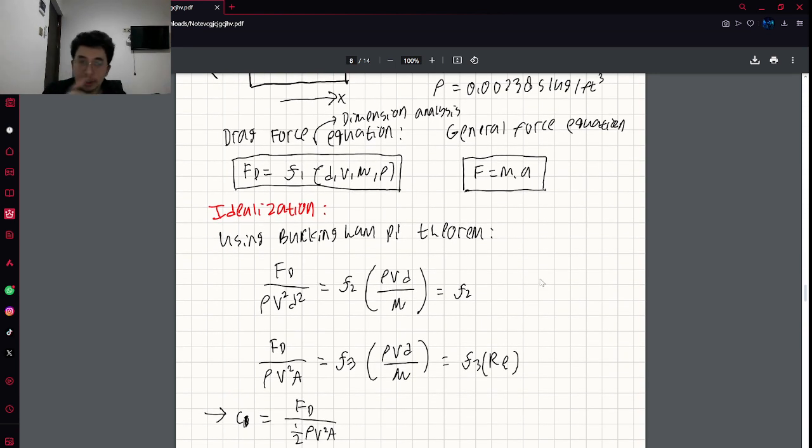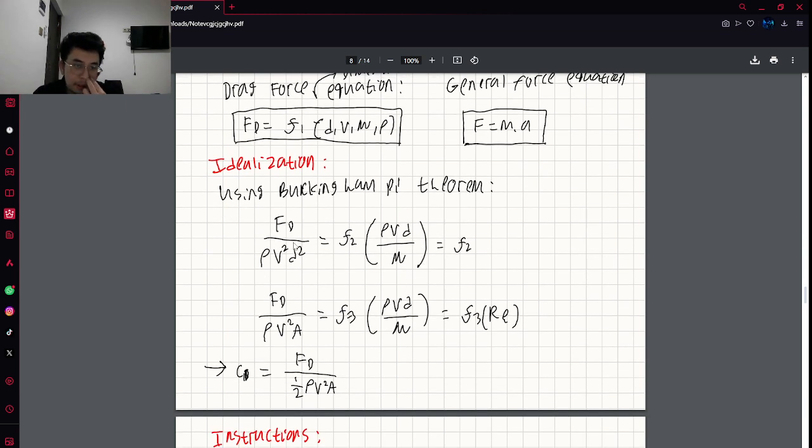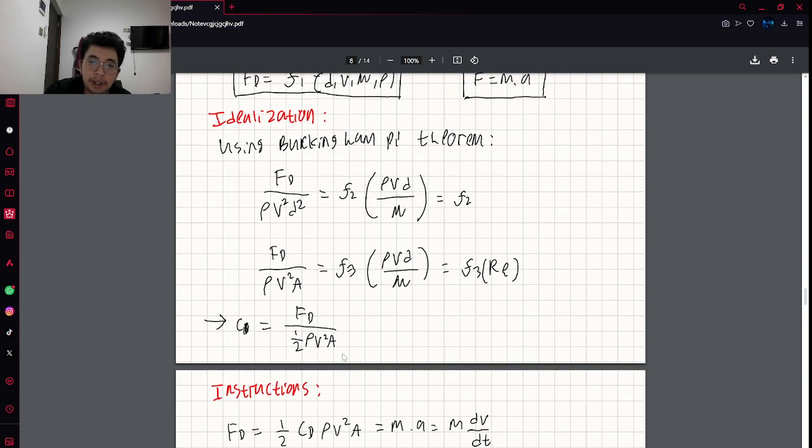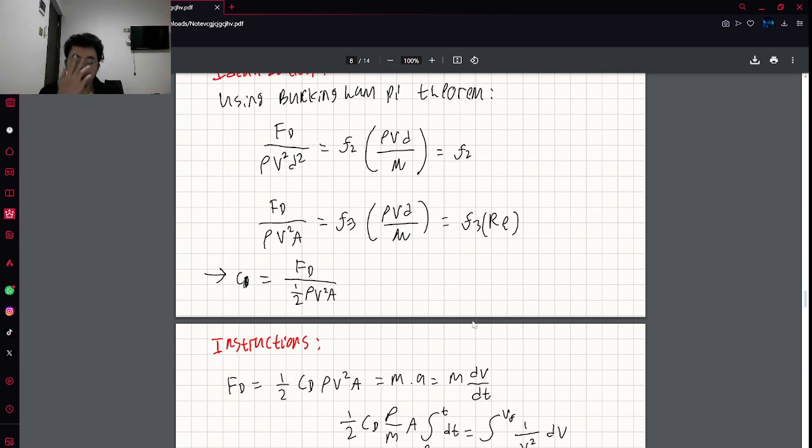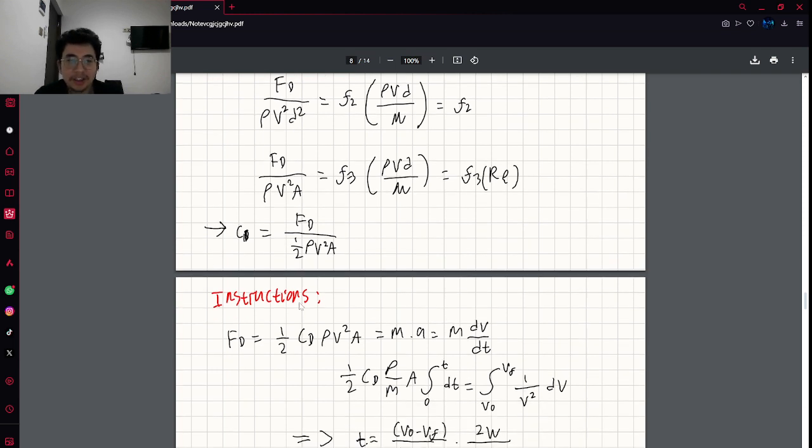So for this part right here, I'm gonna do a dimensional analysis using the Buckingham Pi theorem, which gives CD equals FD divided by half of density times V squared times A. Sorry, I forgot the English.